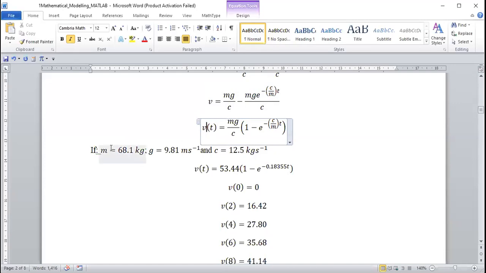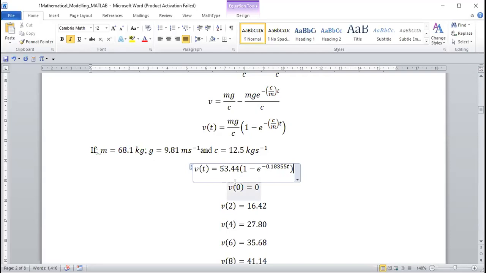So now this is the analytical solution to the model. And when we plug in some constants, we say let M is equal to 68.1, then we plug in some parameters. We arrive at this model, which is the analytical solution to it.